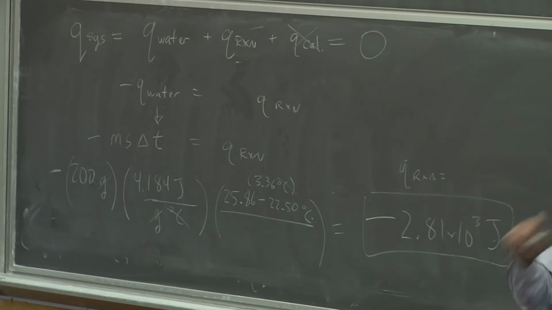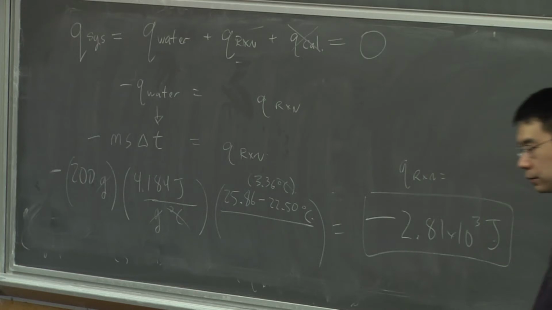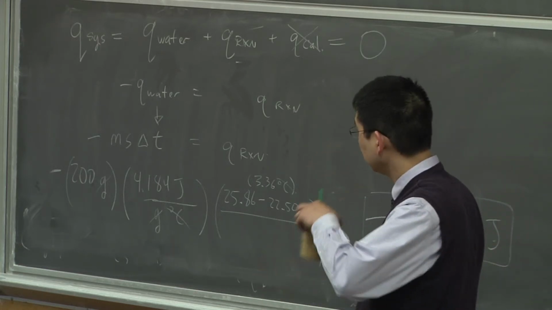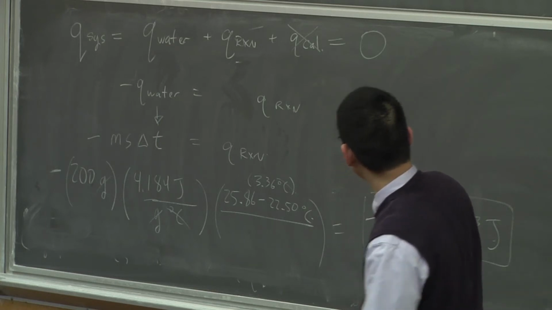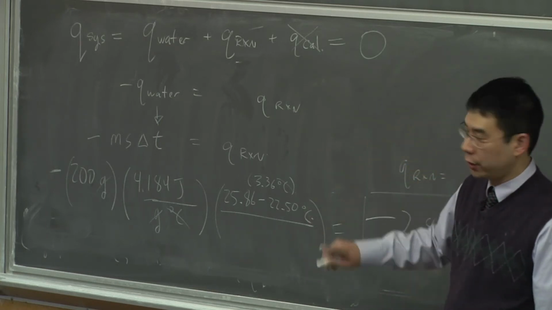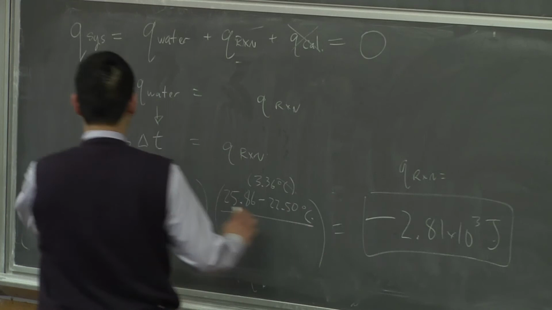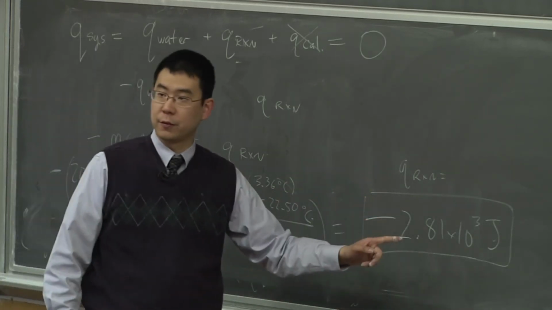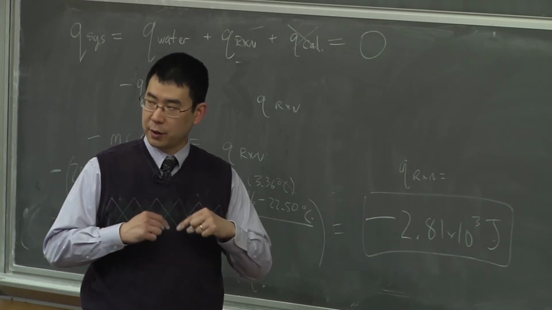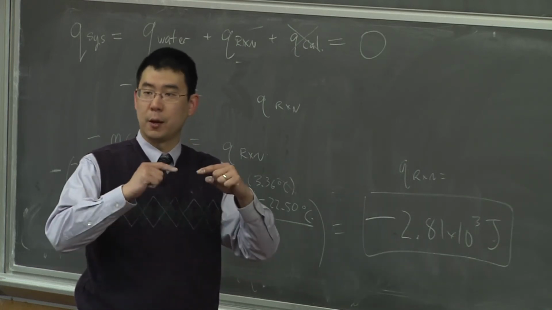Yeah. So, Q of the reaction is not positive 2.81, it's negative. The Q of the reaction is negative. The Q of the water is without the negative sign. The Q of the water would be positive, and that makes sense because the water temperature is going up, right?